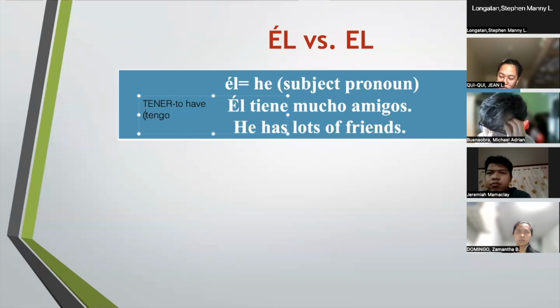Yo tengo. Tengo 20 años. Tengo 21 años. You're using that, right? You can also use that in the literal sense, which means to have something, literally.